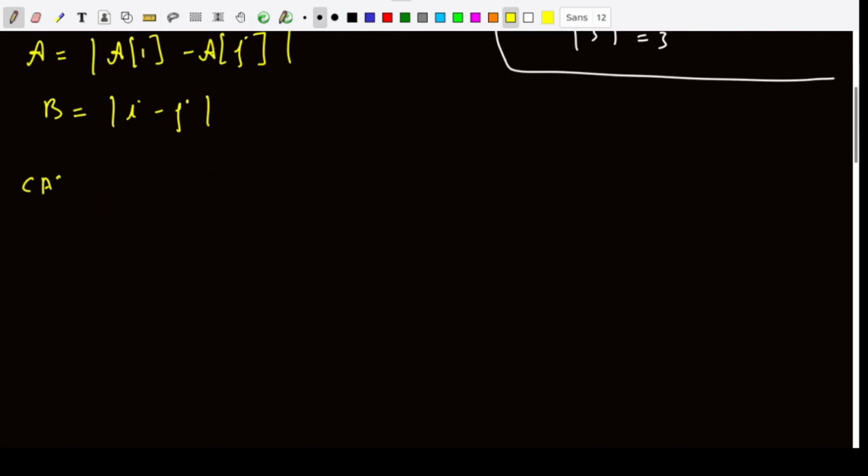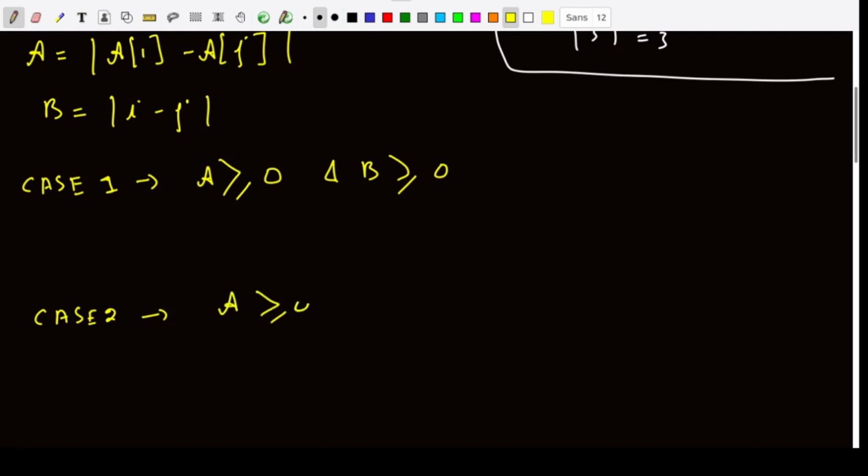Case 1 is when a is greater than or equal to 0 and b is also greater than or equal to 0. Case 2 would be a is greater than or equal to 0 but b is less than 0.